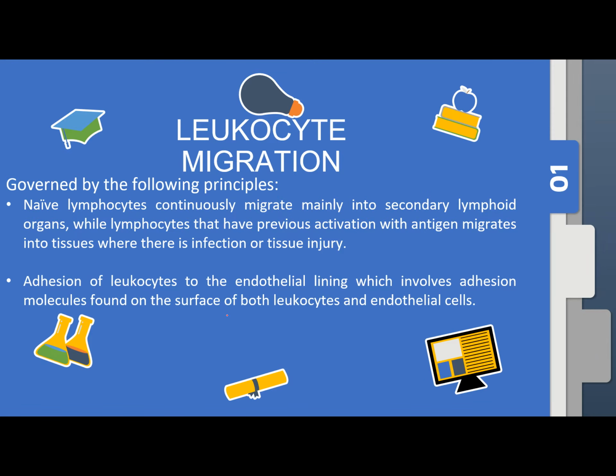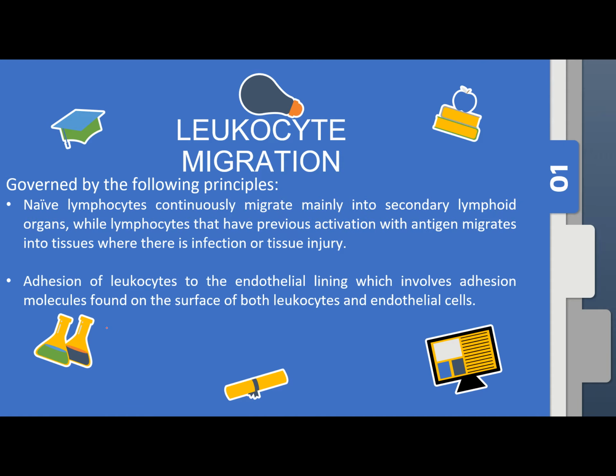Now, leukocyte migration, class, is governed by the following principles. The first one is that naive lymphocytes would continuously migrate into secondary lymphoid organs, while lymphocytes that have previously been activated with antigen would migrate into tissues when there is infection or tissue injury. Okay, it goes like this, class.